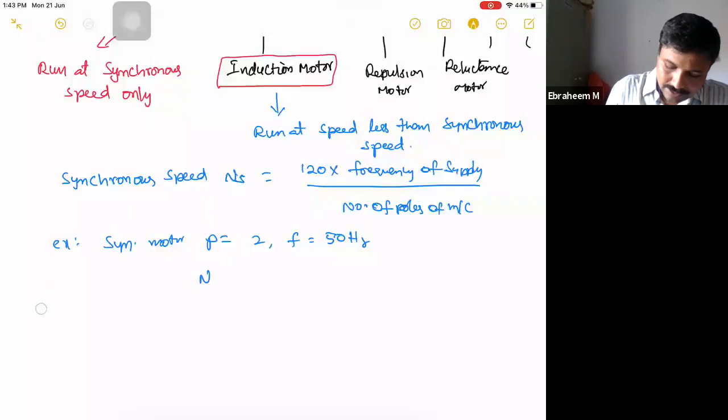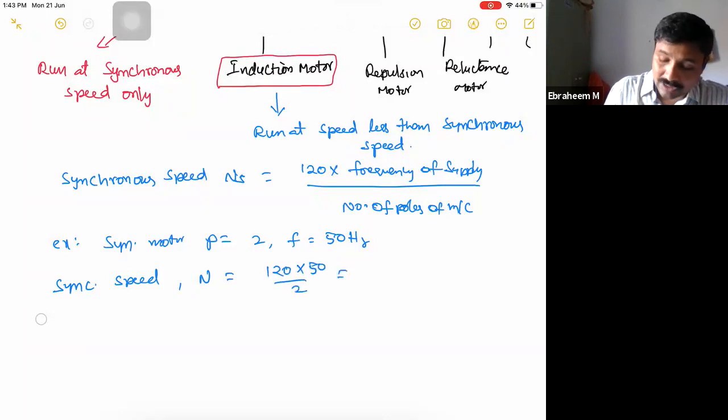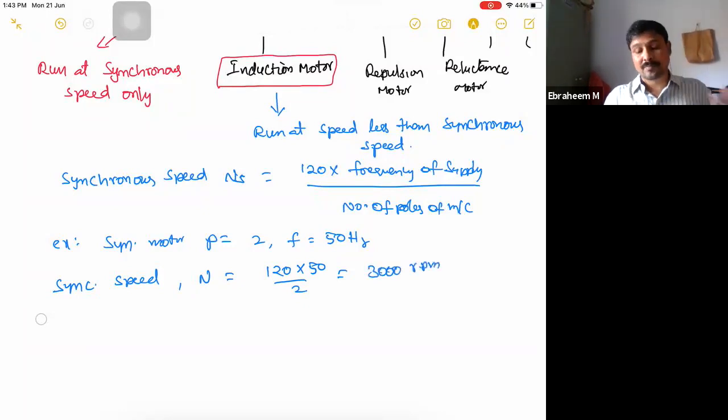Its synchronous speed N is equal to 120 into 50 by 2. This is 3000 RPM.